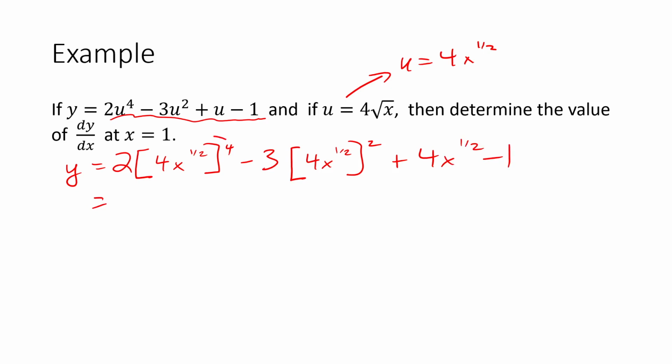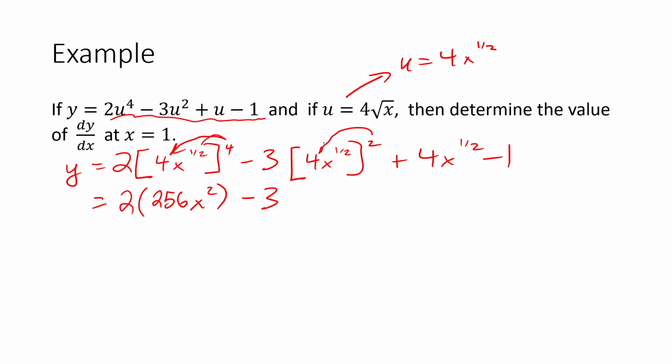Well, we would have 4 to the exponent 4, which is 256. And then we would have x to the 1/2 raised to the exponent 4, which is going to be x squared.